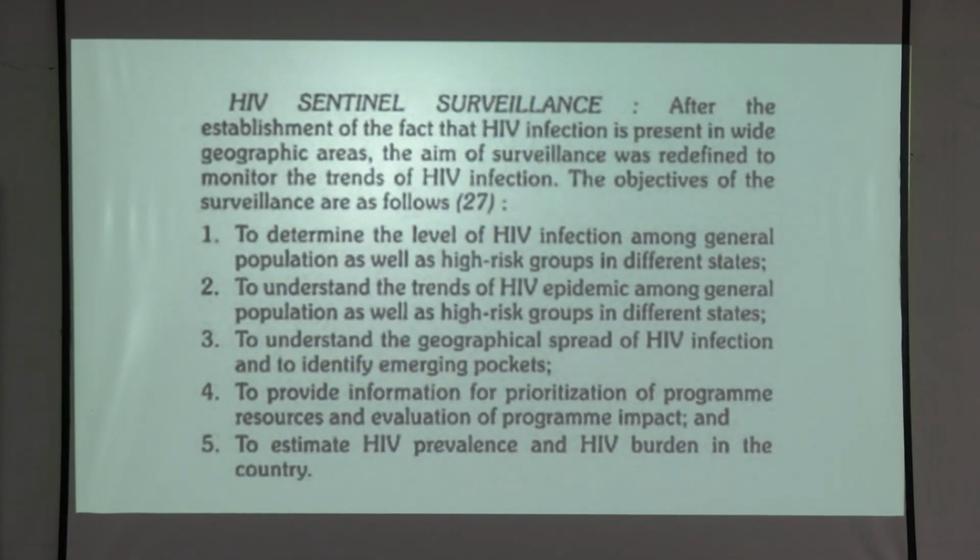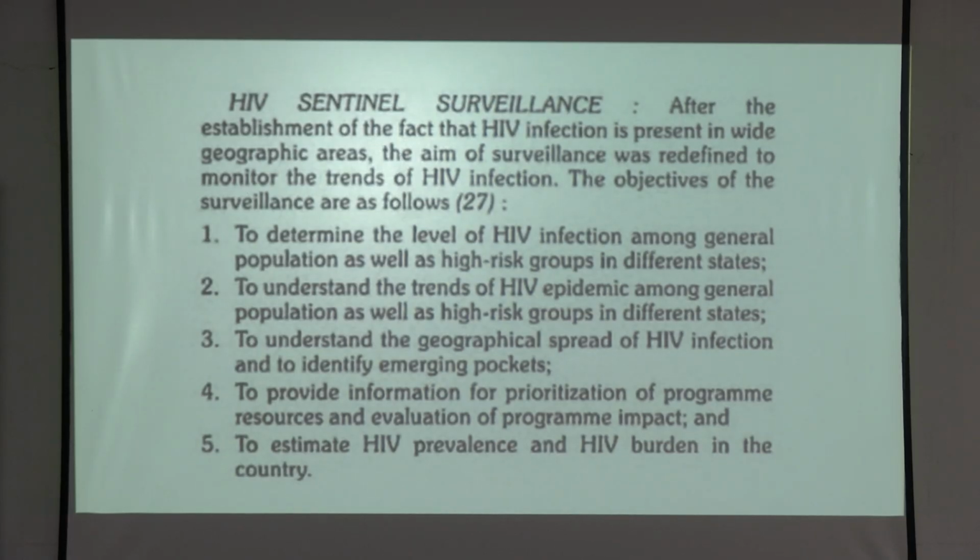Then coming to the next important topic, surveillance. What is surveillance, sir? Continuous monitoring with impact and feedback and action. Correct. And how many types of surveillance do we actually have for HIV? 6 types.